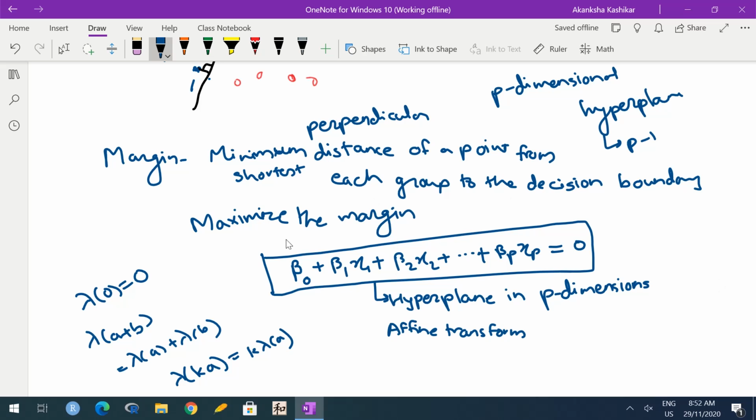So our hyperplane is going to be an affine transform in p dimension. Now the equation of that line or plane or hyperplane is equal to 0. So for the points which lie on that line or the plane, we get value of this quantity to be 0. But what happens to the points which are not on this plane or not on this line?